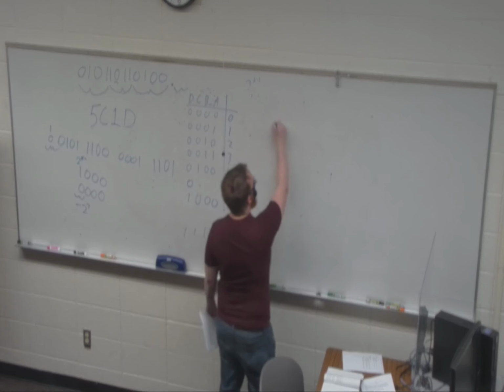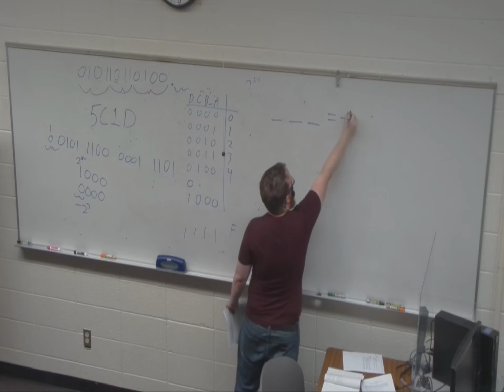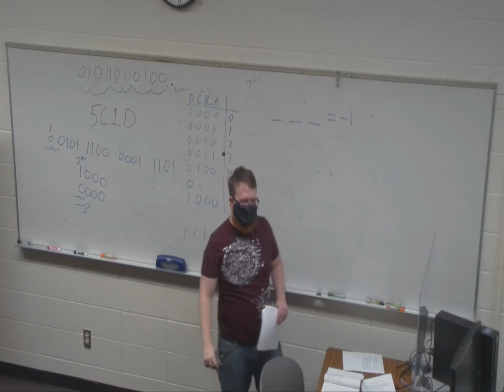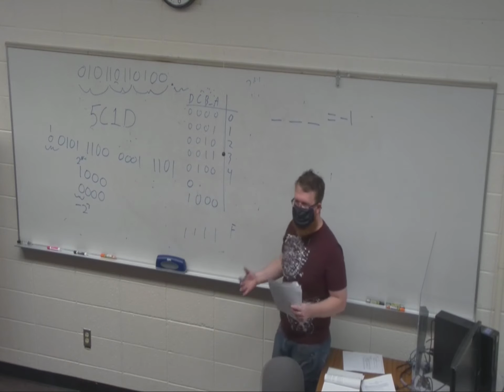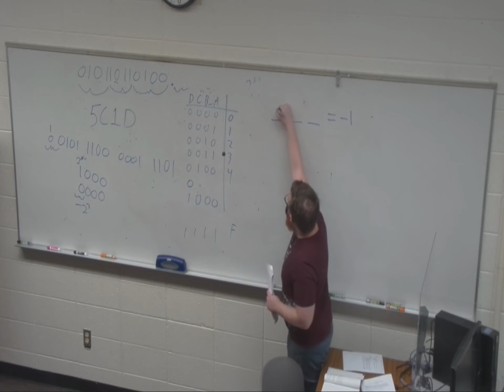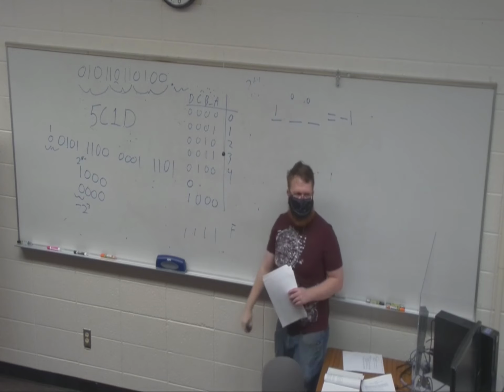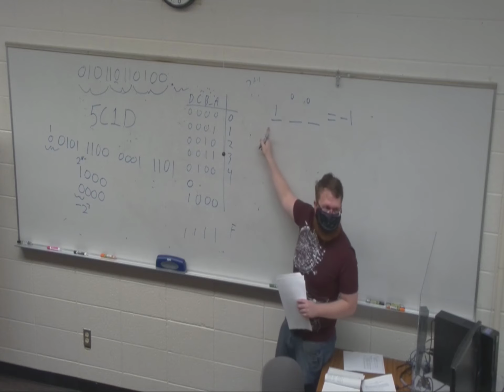I have 3 digits, and I want this to equal negative 1. What do I need to do first off for it to be negative at all? 1 is the most significant bit. Yep. And so if I had 1, 0, 0, what am I at? Negative 0? No, because this is the MSB.